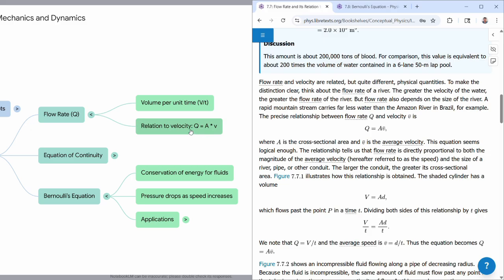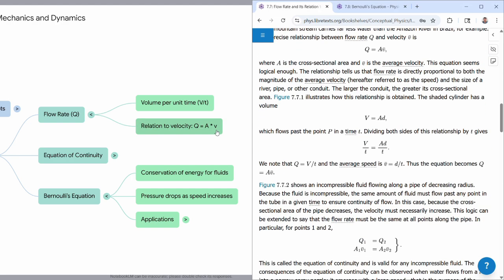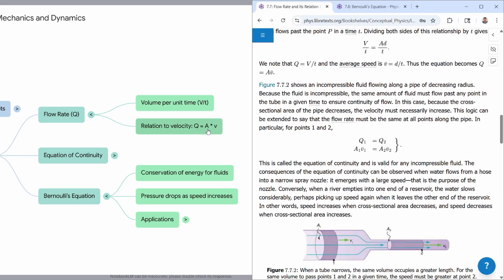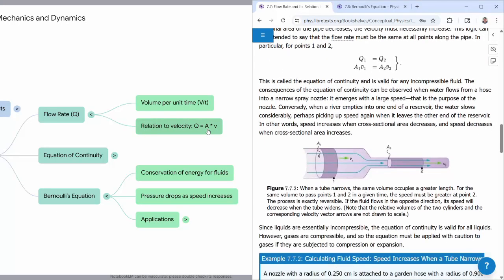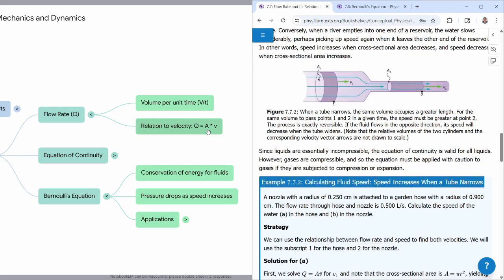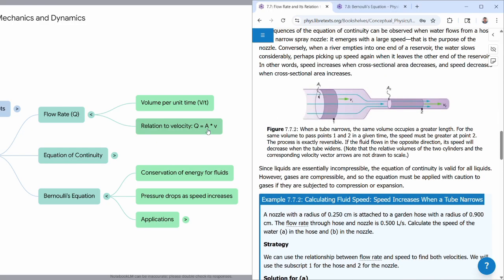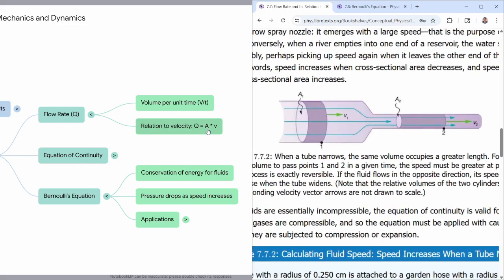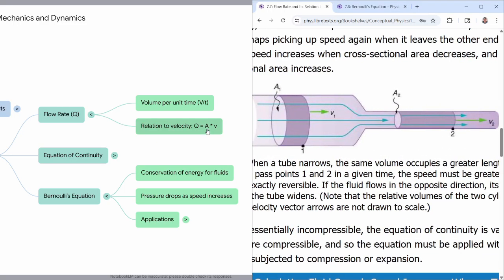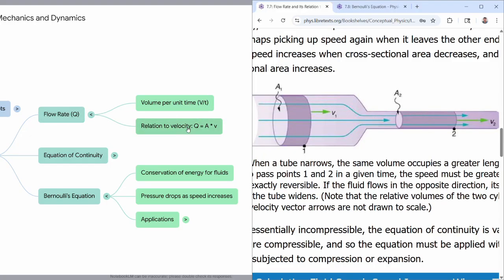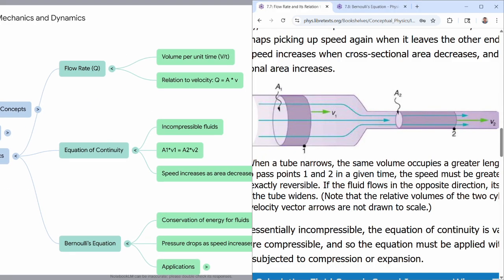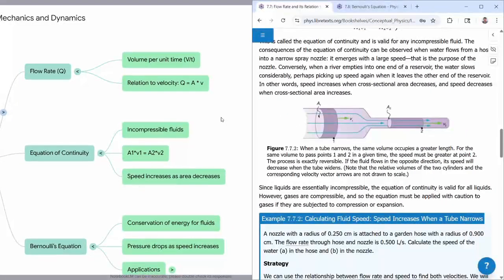And as you look at this flow rate relation to velocity equation, what you might realize is it depends on the cross-sectional area. So if you imagine fluid flowing through a series of pipes, coming from a wider pipe going into a narrower pipe, then if it's flowing at a constant rate with an incompressible fluid and all that, then you can come up with an expression for how the velocity, speed might be changing.